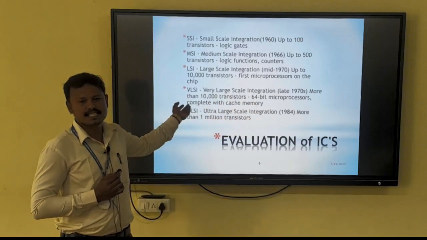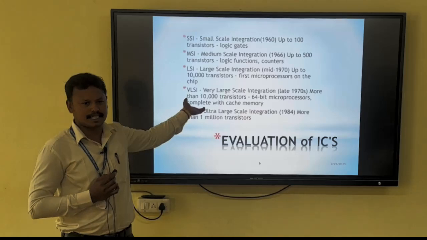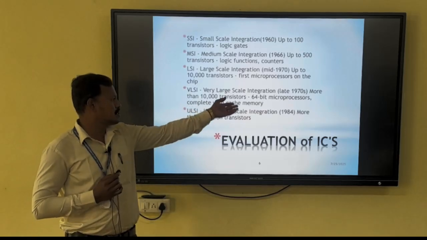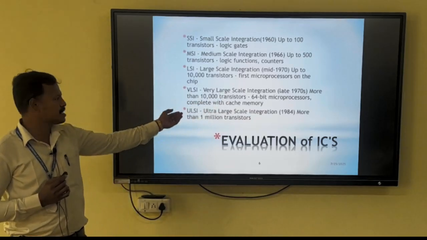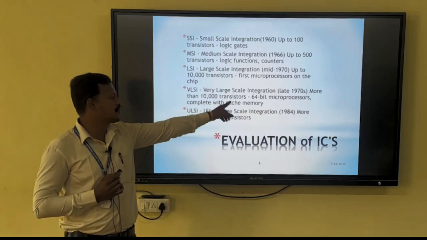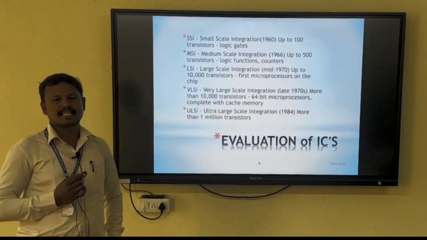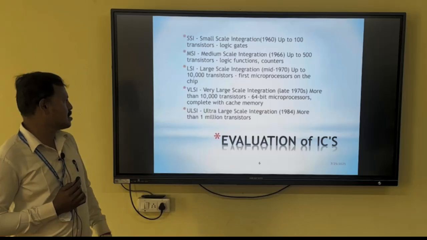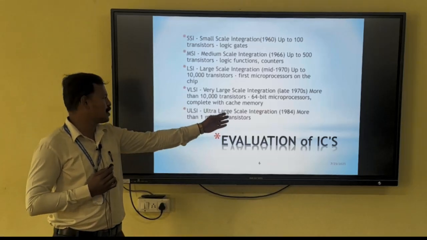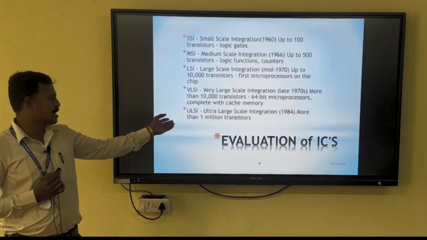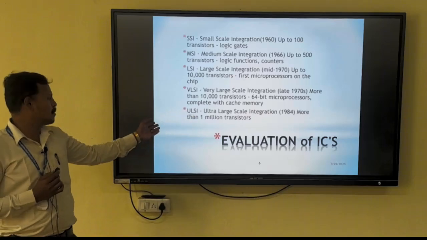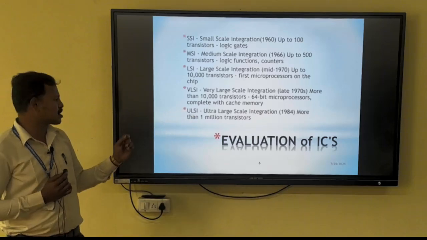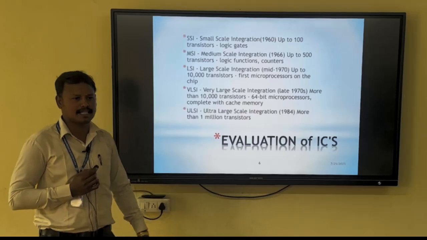That integration contained more than 10,000 transistors. These types of integration were used for 64-bit microprocessors and cache memory also. In 1984 ULSI was introduced. Its transistor count is 1 million transistors.